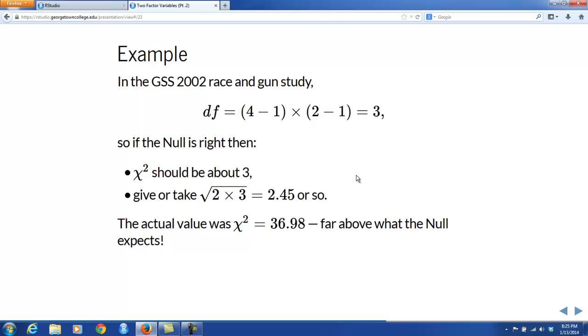So if the null is right, the chi-square should be around 3. Give or take how much? Square root of 2 times the degrees of freedom. Now that's square root of 6, and that's about 2.45. So if the null is right, then you would tend to get around 3, give or take 2.45 or so.